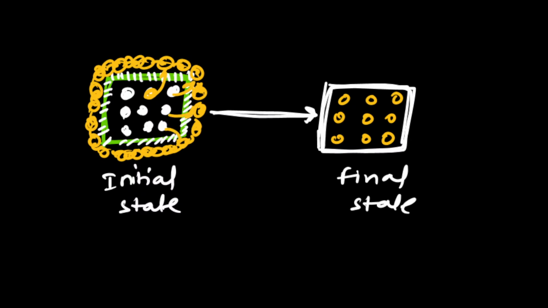That absorbed heat is released by our gas. The ice absorbs the heat coming from the system and gets melted. When it has reached the final state, all the ice has melted.